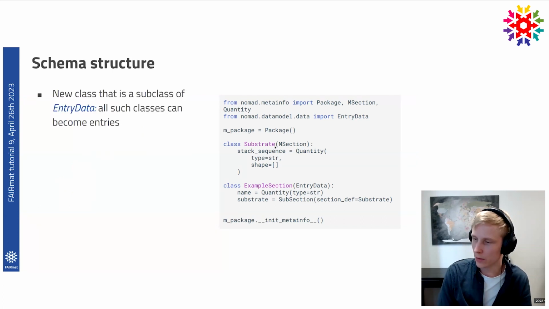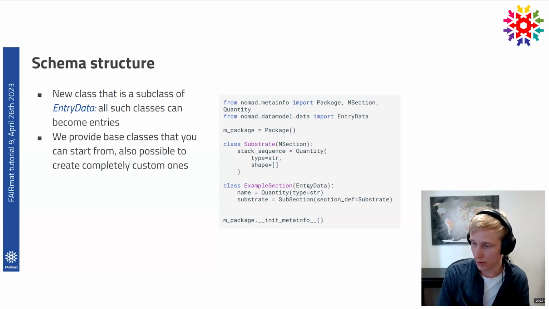You can see here that this class will be our new schema, and it has to inherit from entry data. It can be direct inheritance, or there might be some classes in between, but essentially this tells Nomad that this class should become a schema, and it can instantiate entries.